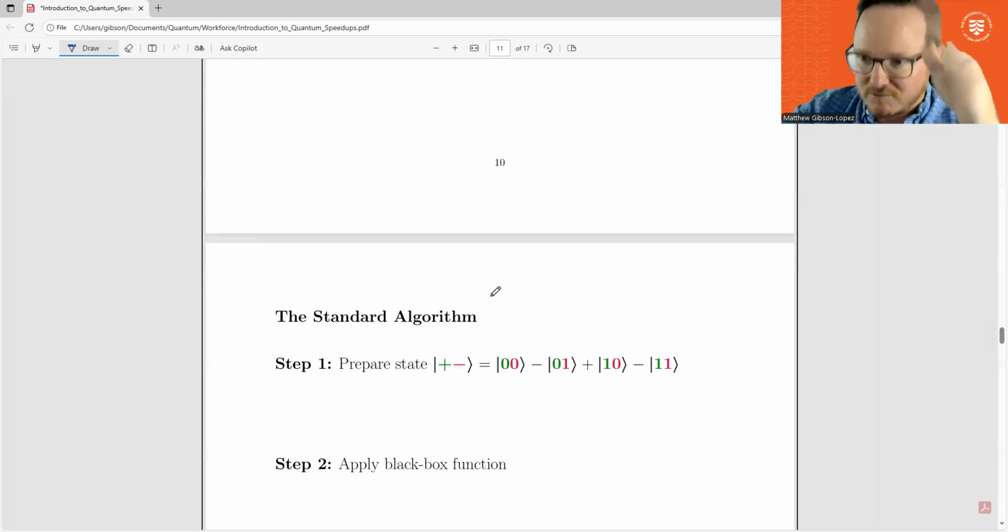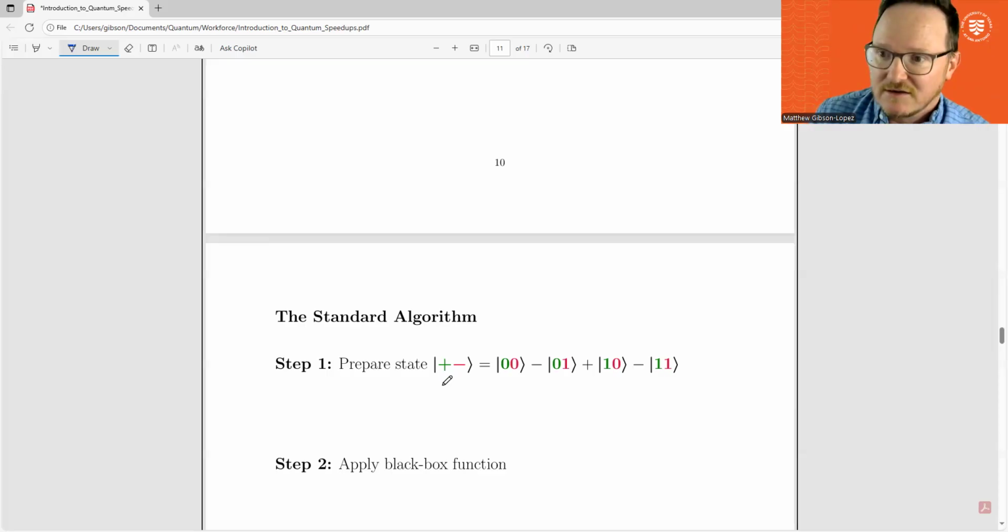And in fact, we looked at this exact state earlier in this talk, and you end up getting +00 -01 +10 -11. Basically, you get a negative sign whenever the red qubit is a 1, and you get a positive sign whenever the red qubit is a 0.